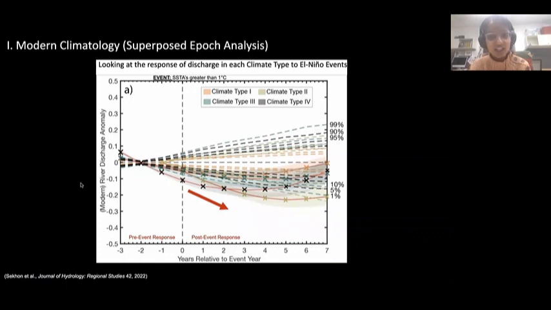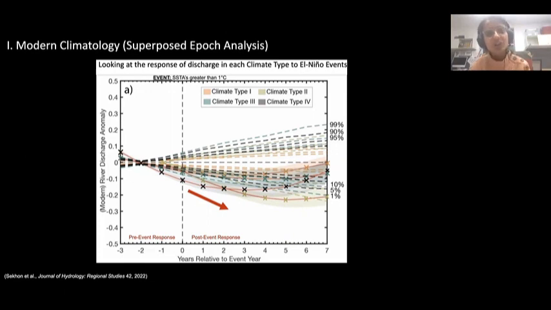Essentially, and I should point out this is not a single El Nino event. We aggregated all El Nino events that covered the time period of interest, and this is an average aggregate response to El Nino events. So after an El Nino event, the discharge will have a decreasing trend for several years.